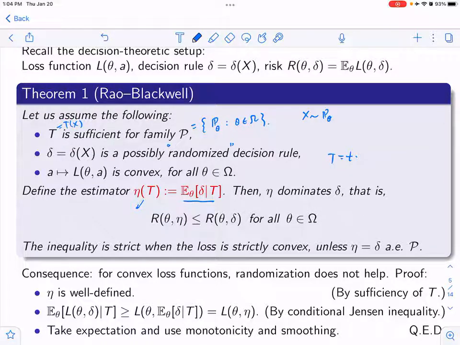And this procedure is averaging out that randomness over the value of t equal to t. And so that new estimator, which averages out over the values of t, is better. It's going to do better. So if you contemplate this result, it's a very interesting result that tells you exactly that sufficiency is meaningful from a statistical perspective or from a decision theoretic perspective.